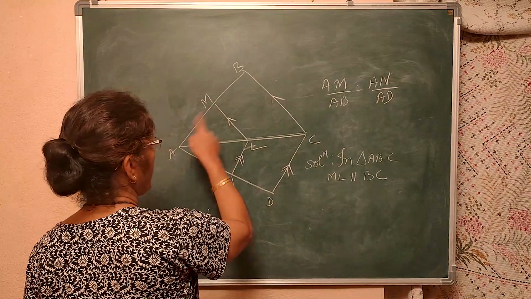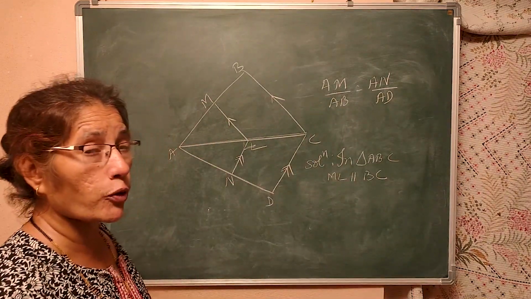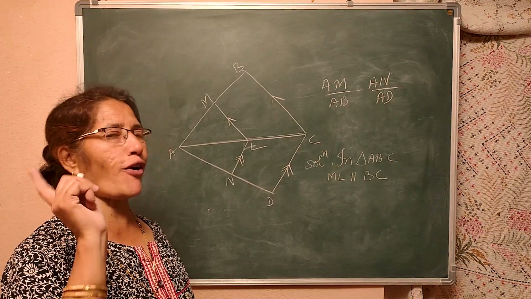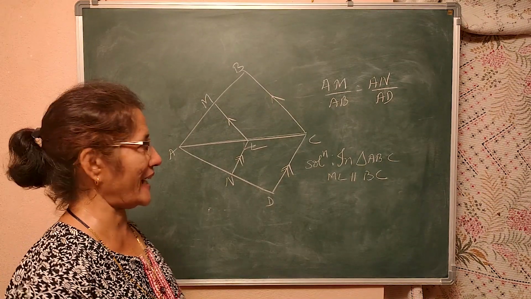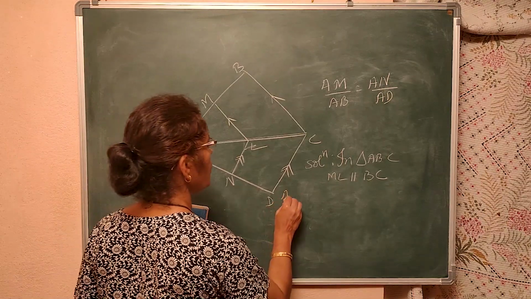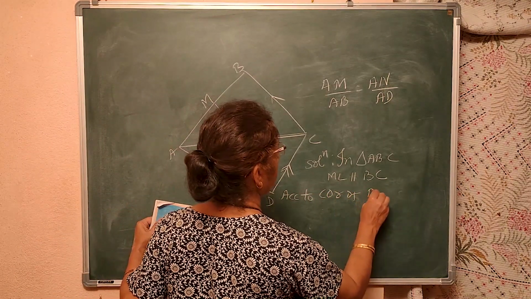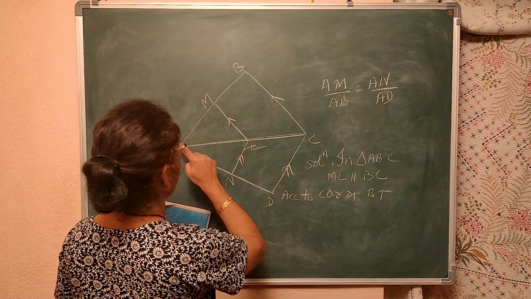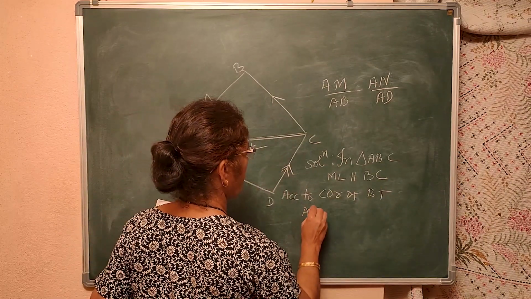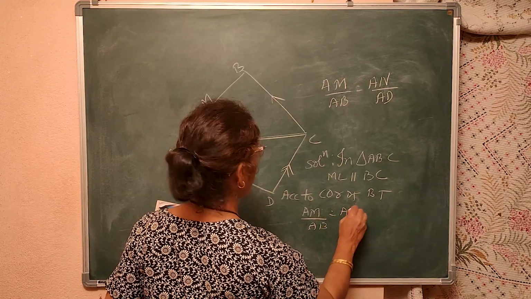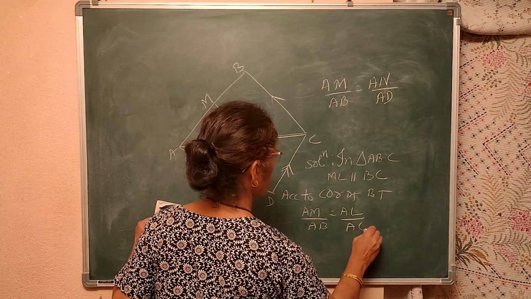I want AM by AB. So whose theorem I have to use? I have to use corollary of basic proportionality theorem, right? According to corollary of basic proportionality theorem, what can I say? AM by AB is equal to AL by AC.